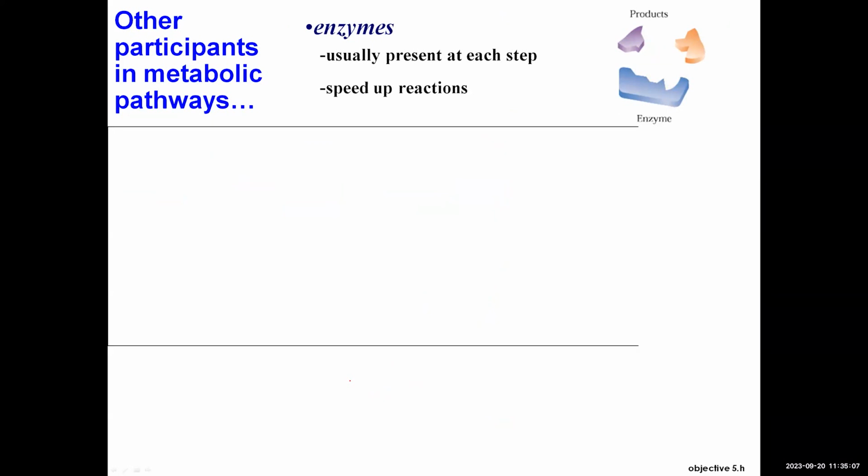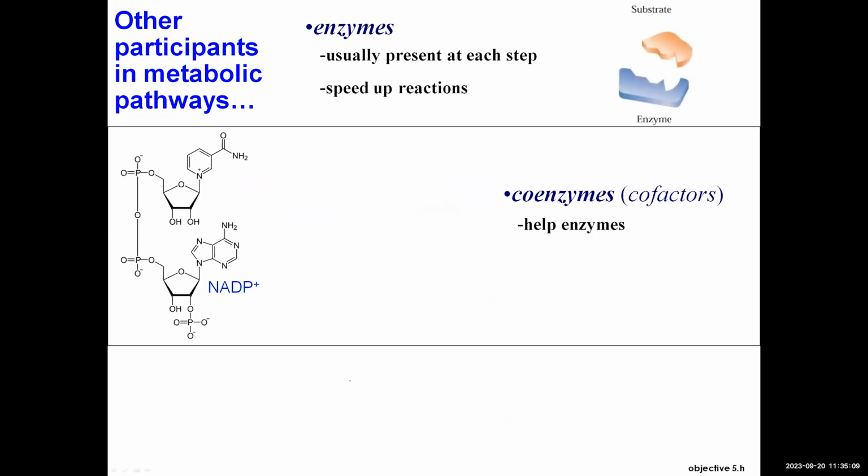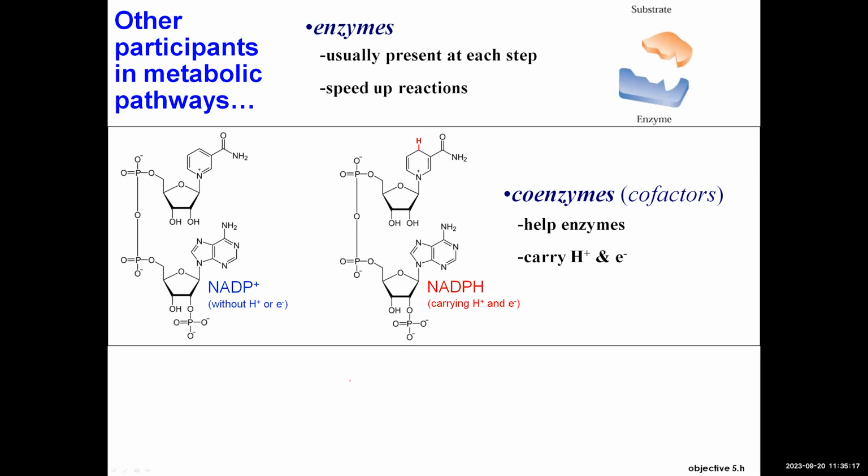They also involve coenzymes. Coenzymes or cofactors carry small amounts of energy to help enzymes do their job. And they do this by transporting hydrogen ions and electrons. When we go through respiration and photosynthesis, we'll spend a lot of time talking about the specific coenzymes. They're going to be necessary for generating large amounts of ATP.